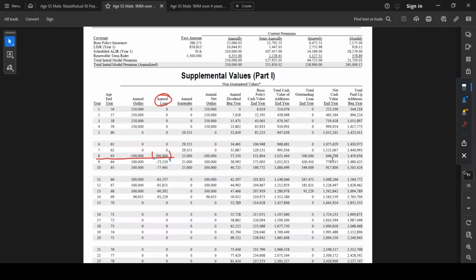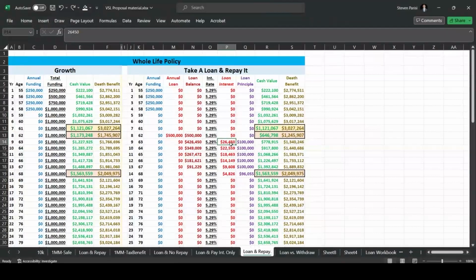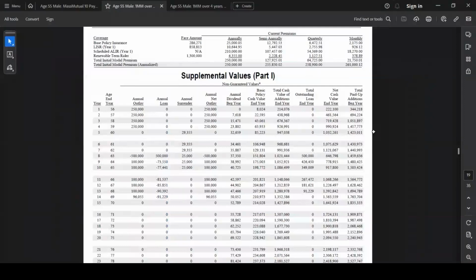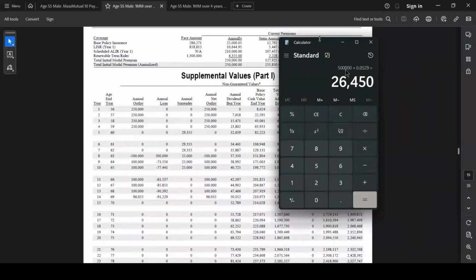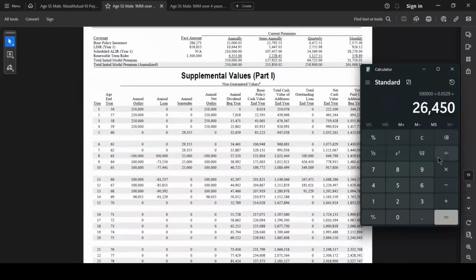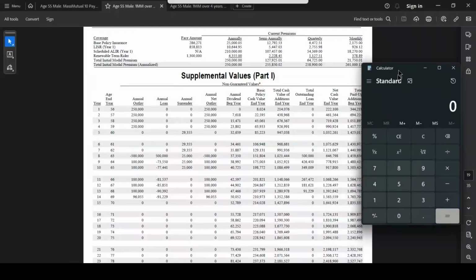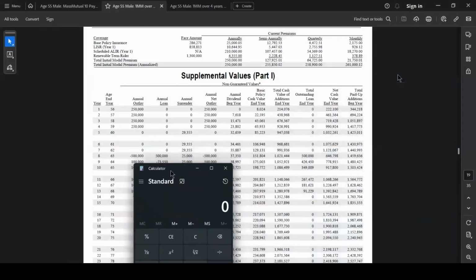Here's what's going on here. So the loan interest in this example for the first year is $26,000 and change. We actually put that on the Excel workbook, $26,450. Keep that in mind, $26,450. So the first year, you paid $100,000 toward the loan principal, or toward the loan balance.